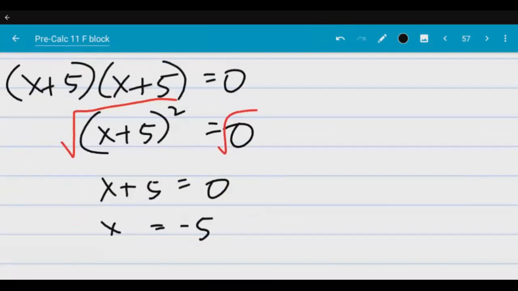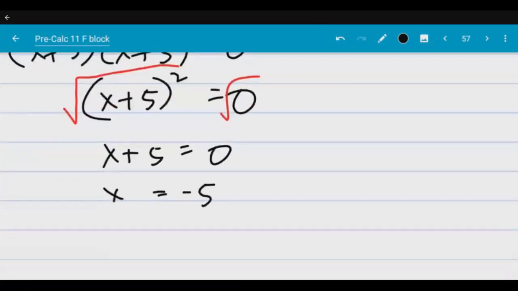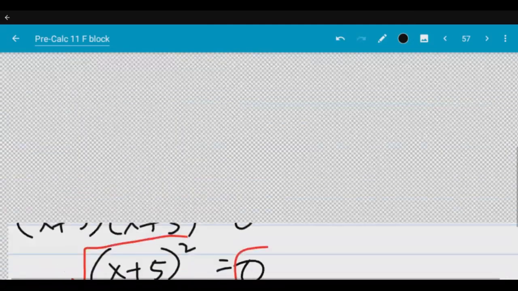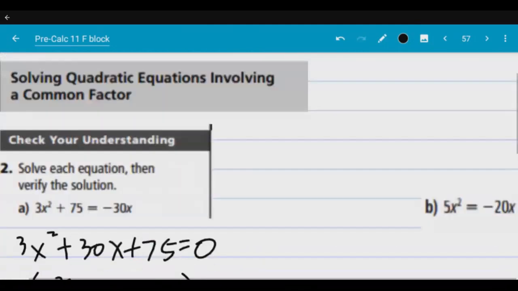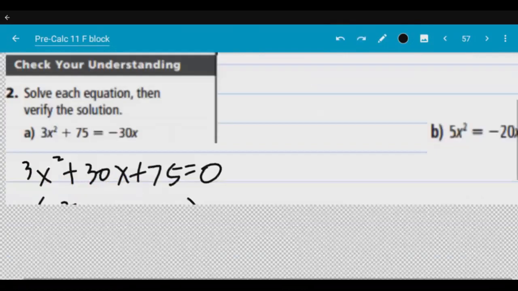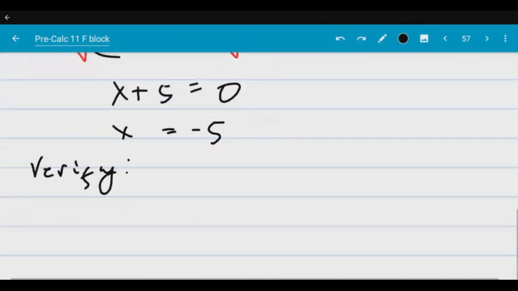Now let's try to verify. All right, this time I think I have time to verify. Verify or check. Okay, let's look at the original equation. The original equation is 3x squared plus 75 equals negative 30x. Okay, let's see. 3x squared plus 75 equals negative 30x.